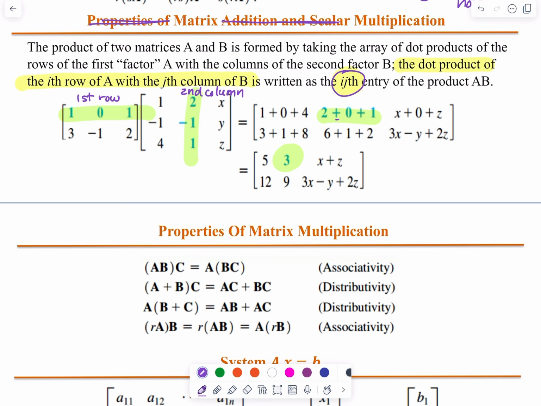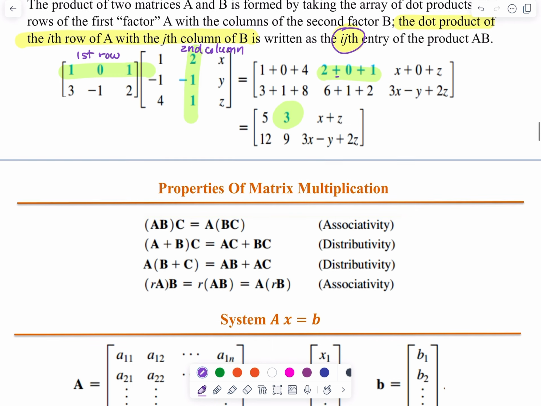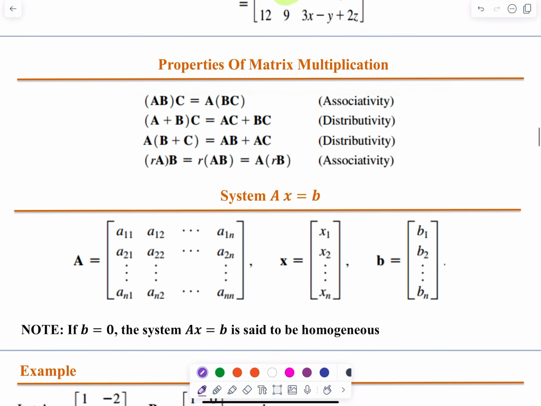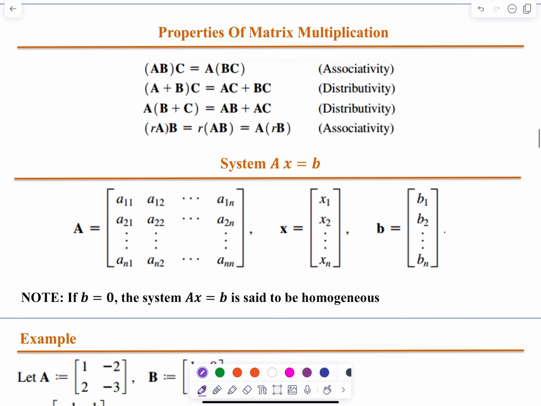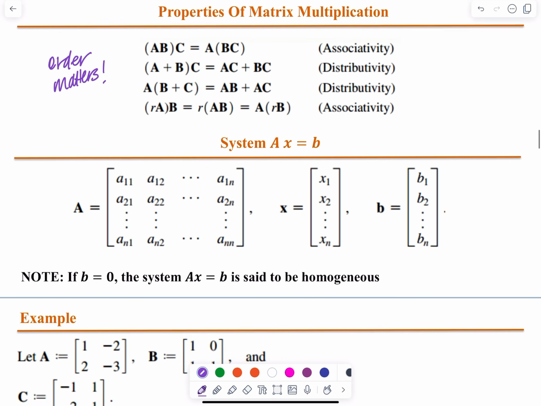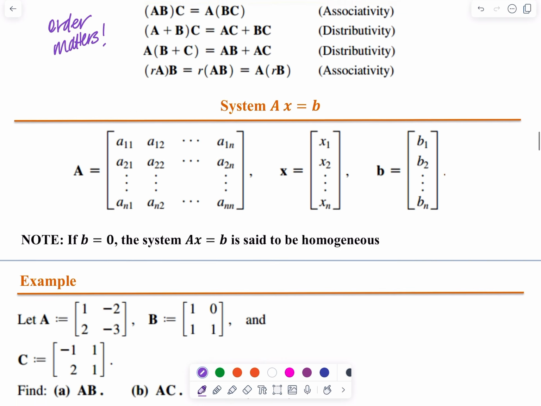Okay, so the properties of matrix multiplication, and as you can see, we have the associative and distributive properties evident here. Order does matter. And now let's talk about a system. A, our coefficient matrix.